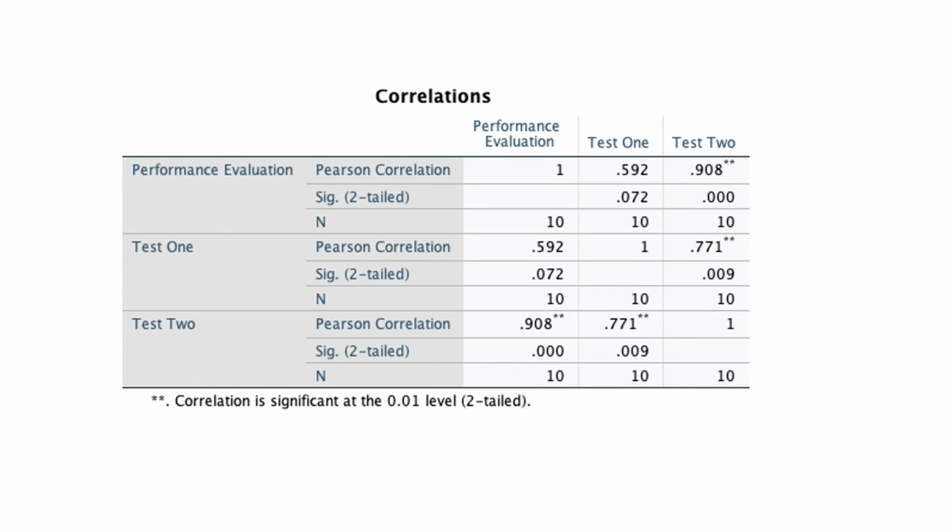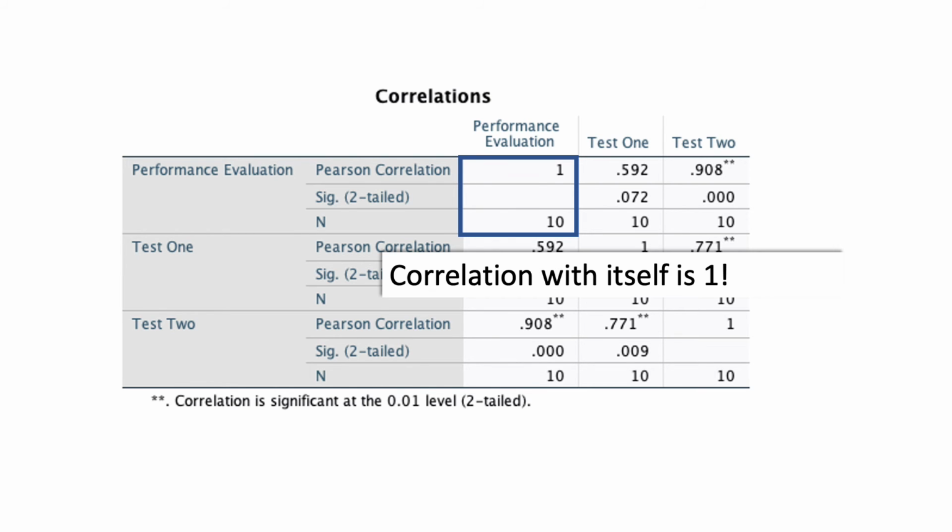Now obviously you can go vertically if you would rather. You get the same information both ways. So let's look at this. This is telling us that the correlation between performance evaluation and performance evaluation is 1. Well, of course it is. If you're going to correlate something with itself, it had better be 1. That's not very useful information.